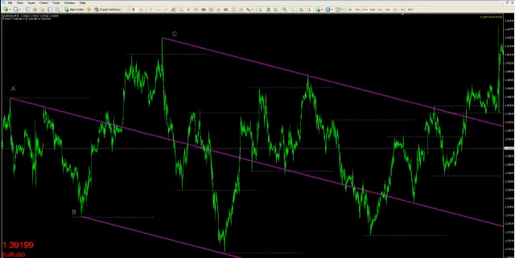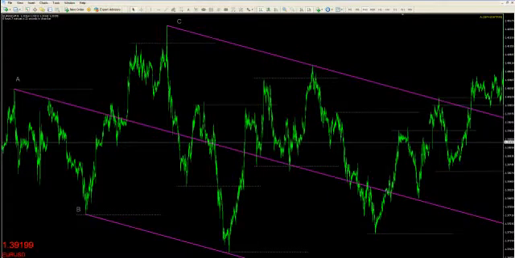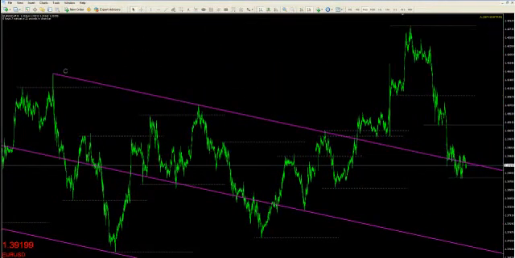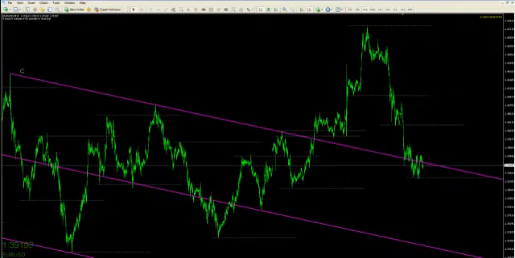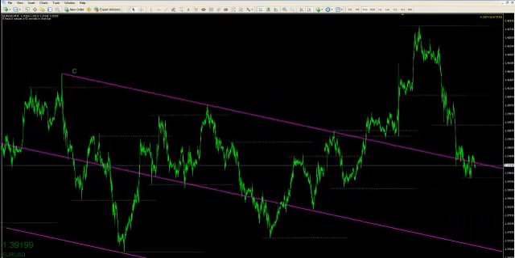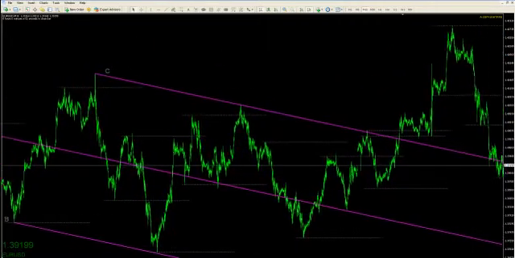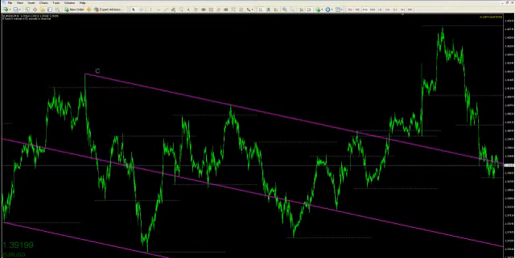For this particular example, it retested the upper median line, and if you saw this in real time, you'd want to look for chances to get short up here. And then it went all the way down to the bottom. And the reason why I kept this in is because it helps your eyes to see also the major points of turning.